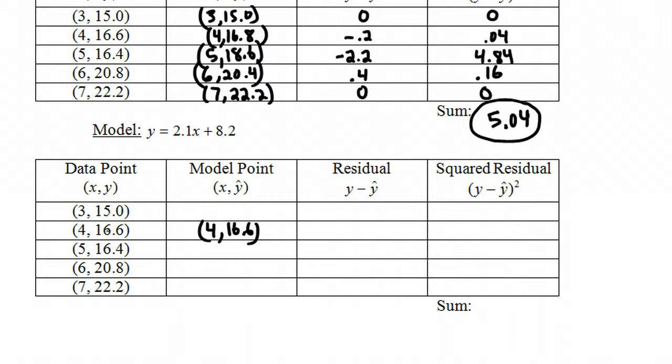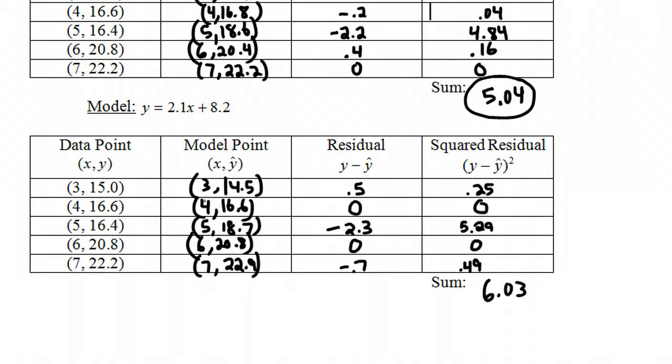So the residual is 0: 16.6 minus 16.6 is 0, and if you square that, you get 0. Now if you take another point and plug in 3 for x, you would get 6.3 plus 8.2, which is 14.5. So y minus y hat would be 0.5, and if you square it, you get 0.25.